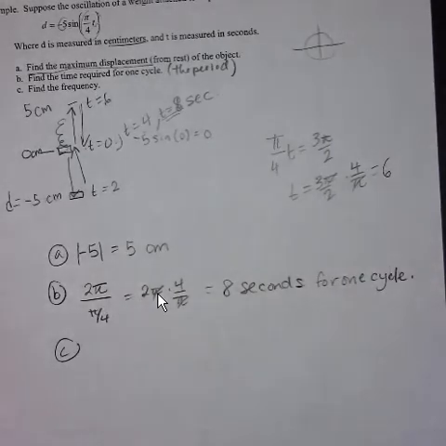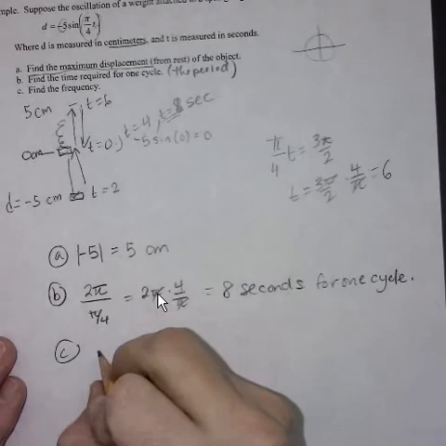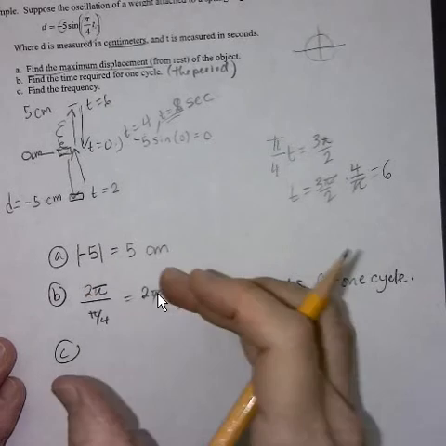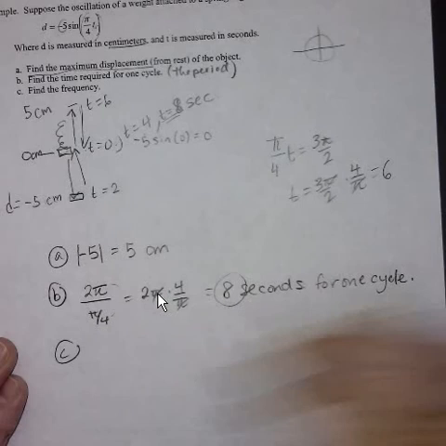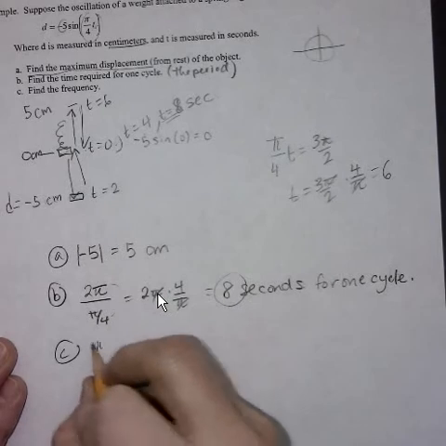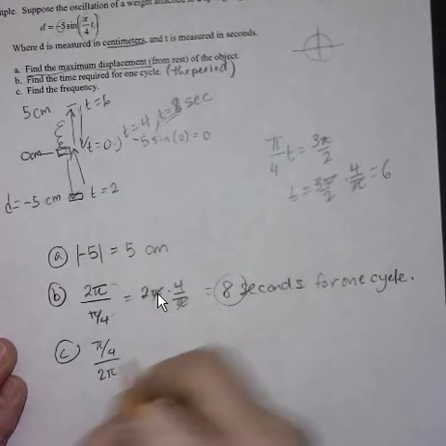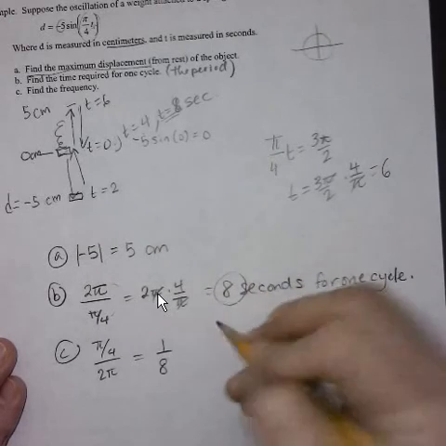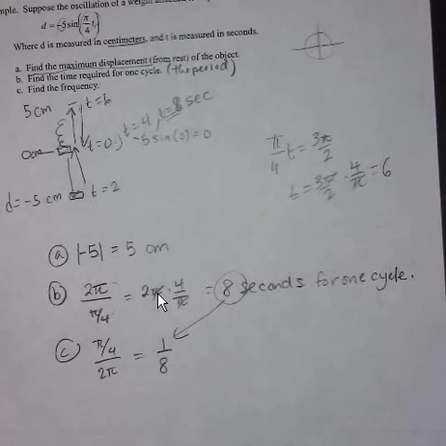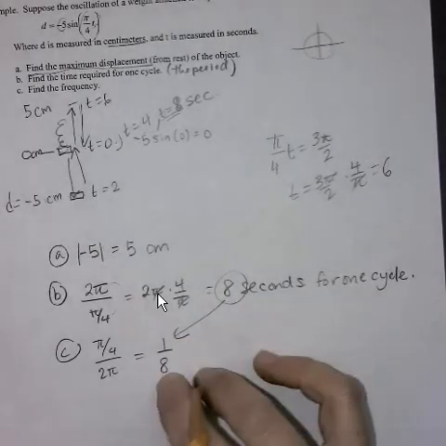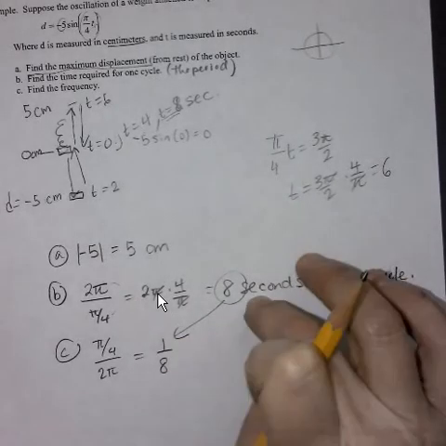So the frequency is the reciprocal of that. If you have the 8, you actually already have the answer, right? This is 1 over 8. I would just use the reciprocal of that. And then it would be 1/8 of a cycle per second.